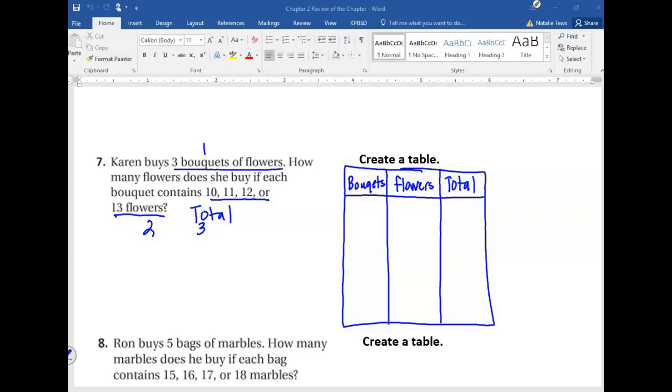All right, so notice I have 10, 11, 12, 13. That's 4 different numbers. So that means I'm going to need 4 different rows. Okay? And now I'm going to start filling in information. I know that she has 3 bouquets of flowers, and each flower she buys is all these different amounts. So flowers is 10, or no, sorry, I didn't mean to do that. I meant to go 10, 11, 12, 13. If it'll let me.